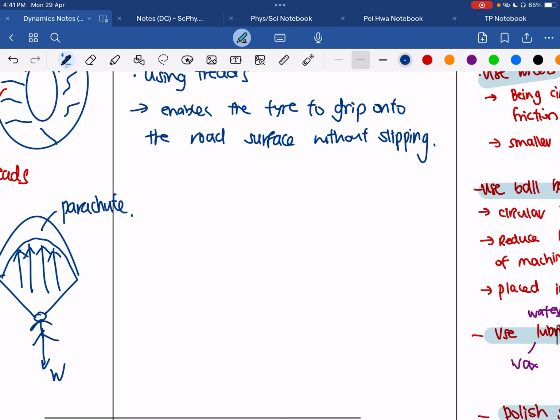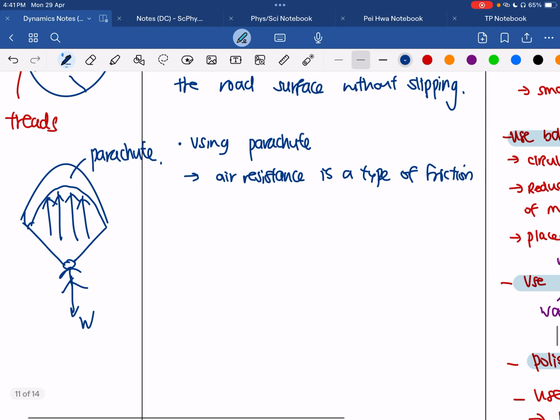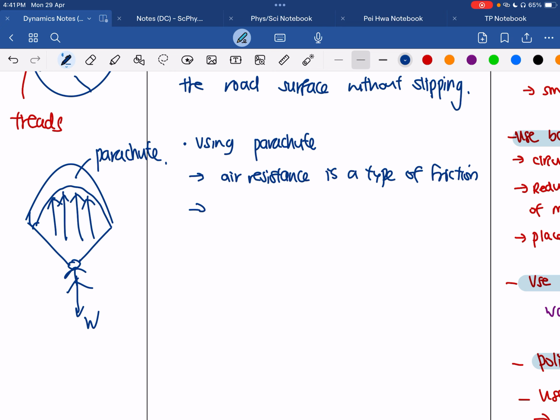So these are making use of a type of friction, which is air resistance. So air resistance is a type of friction. So it will use the parachute.